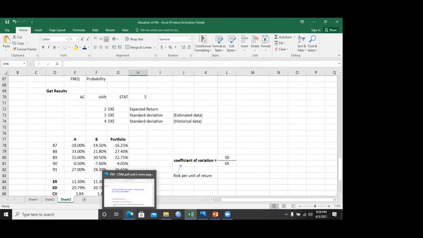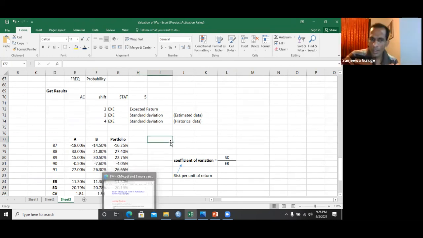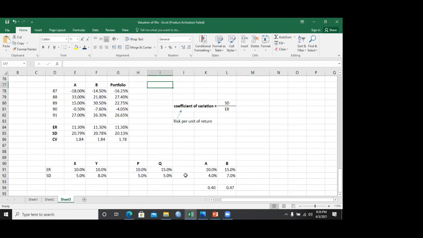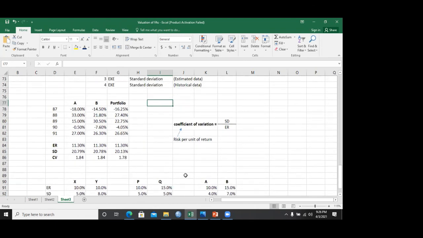On the last example, the coefficient of variation is 1.78 for the portfolio. So basically for 1% return, your risk is 1.78%.